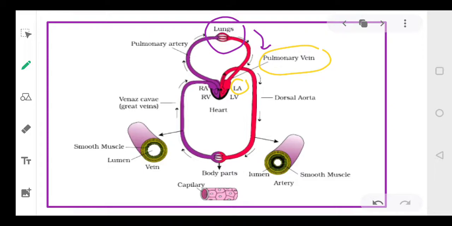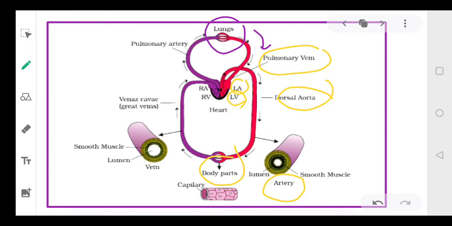Then the left auricle will contract and the blood will reach the left ventricle. Then the ventricle will contract and the blood will reach all parts of your body through the dorsal aorta and the other arteries. So this is the left portion of your cycle.